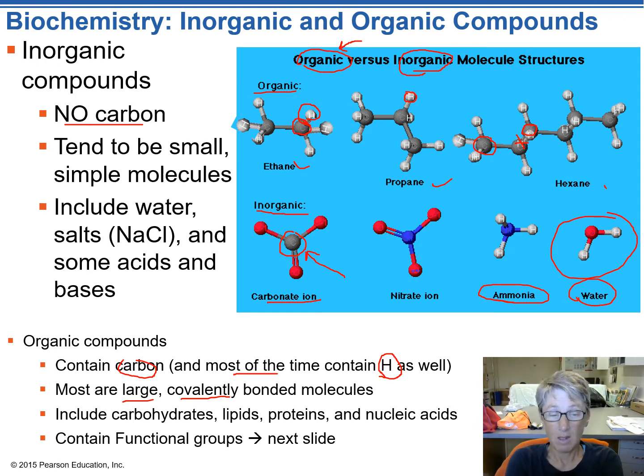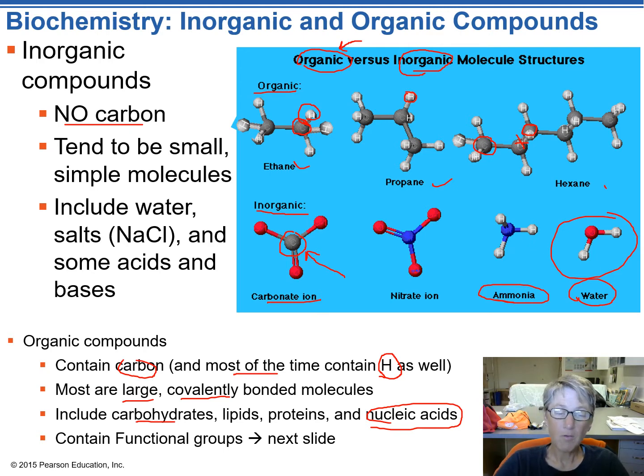If you said a covalently bonded molecule is when two atoms share electrons, you would be right. Organic compounds include carbohydrates, lipids, and proteins, so all the things we like to eat are organic compounds, and nucleic acids, that's DNA and RNA.